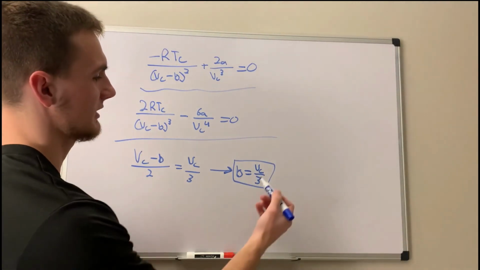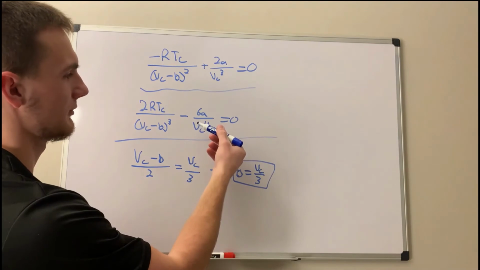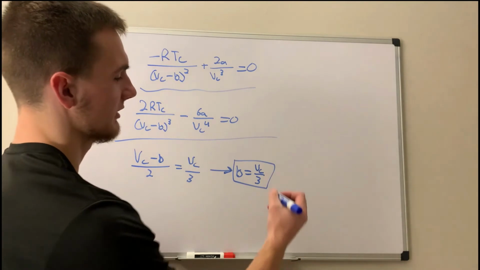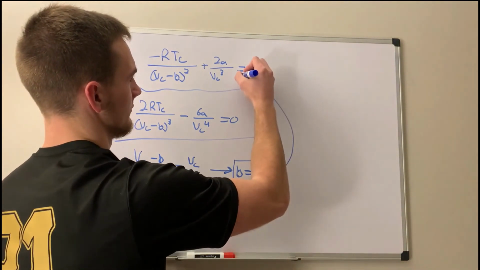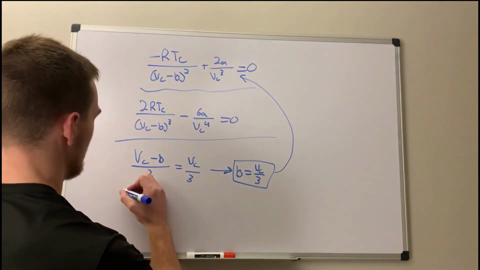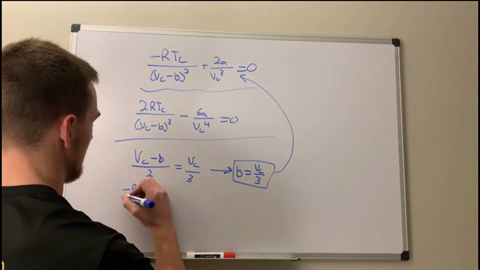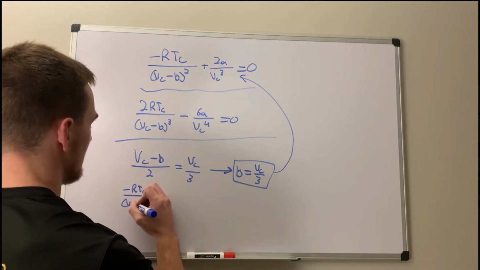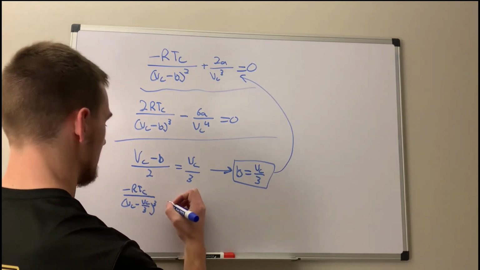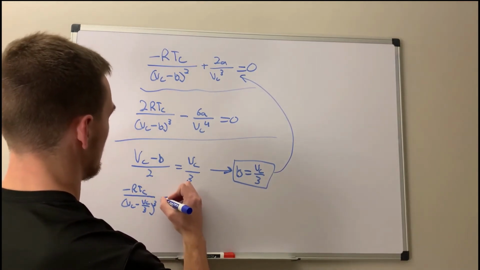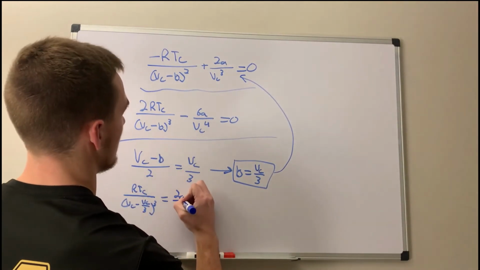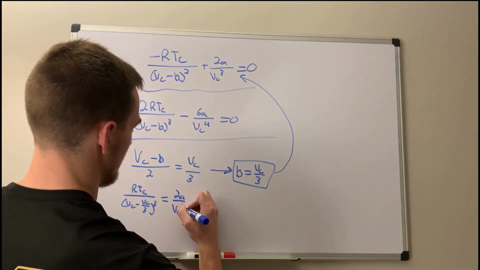Now what we can do here, I can plug this B parameter either into this equation or this equation. I'm just going to plug it into the top equation in order to solve for the A parameter. So if we plug that in, we'll have negative RTC over (VC minus VC over 3), this is cubed, and we'll set this equal to 2a over VC cubed.